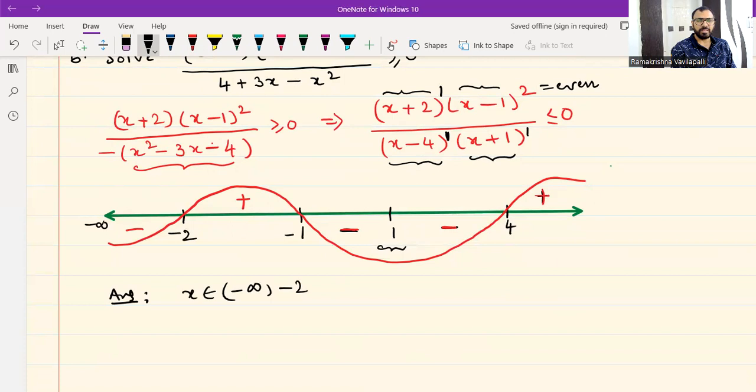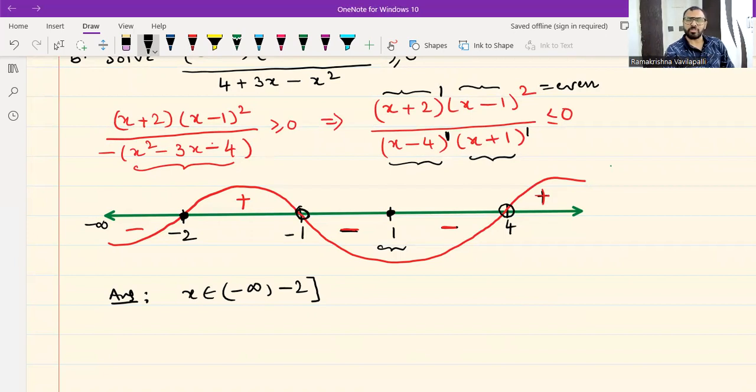And remember, at roots or zeros, keep the dark circles. At poles, you keep hollow circles because at any cost we should not include these numbers in the solution. Right?